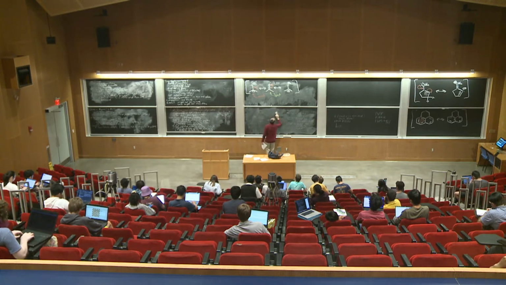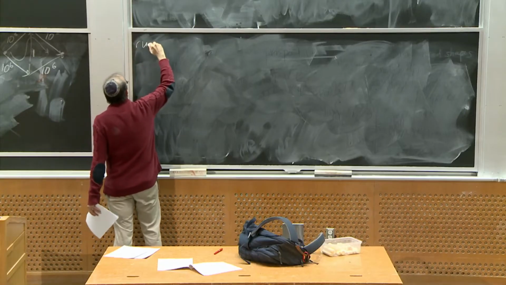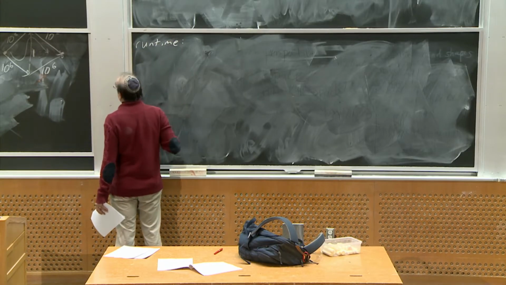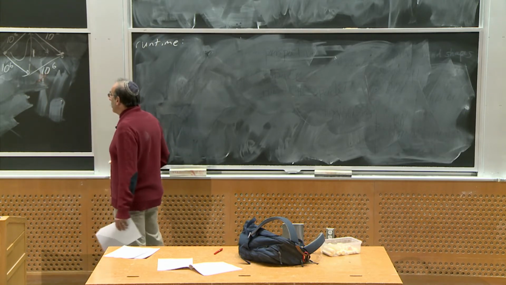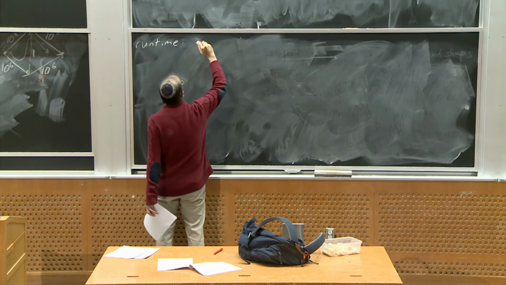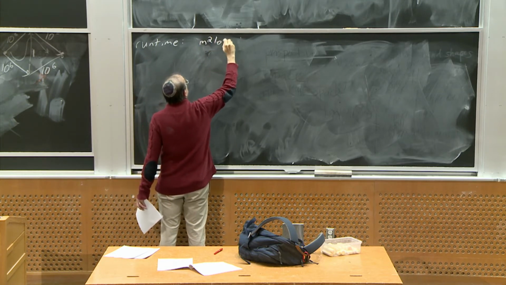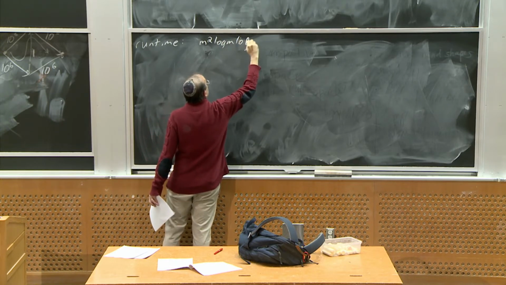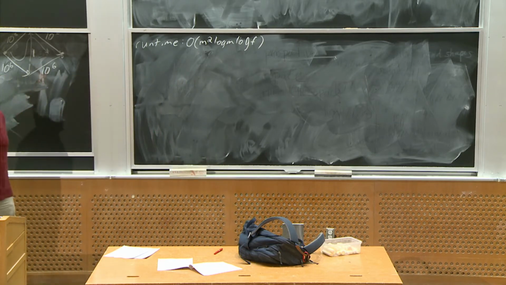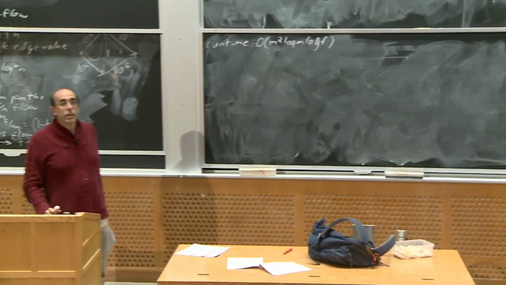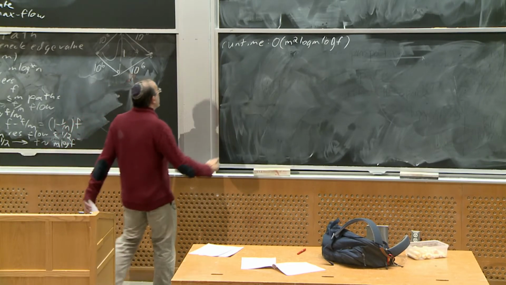So is that polynomial? I mean, it still has f in it, right? Well, remember that each of our augmenting path calculations cost us m log m, and we need to do m log f of them. So it's m squared log m log f. Right? We know that f is bounded by mu. Exactly.